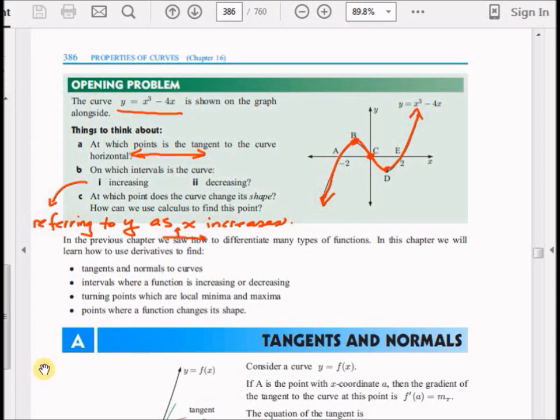Is y increasing or is y decreasing? I guess a better way of thinking of it is as x is increasing, is y increasing in this direction, like this, or is y decreasing as x is increasing? And at which point does the curve change its shape from concave down to concave up?